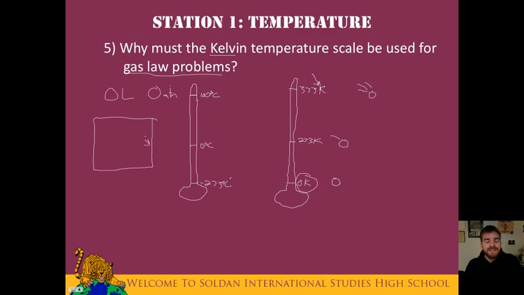That makes much more sense than using negative 273 Celsius as the temperature at which molecules stop moving. So the key reason why is because 0 is the base of the temperature scale at which particles stop moving.